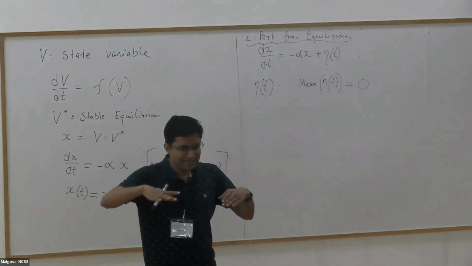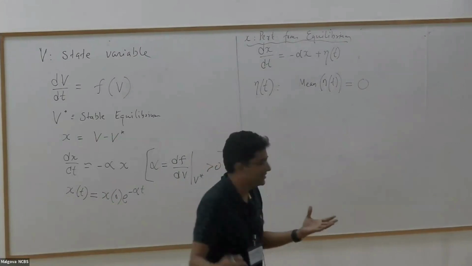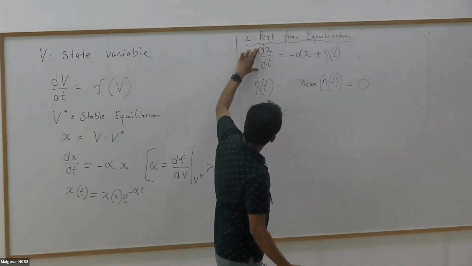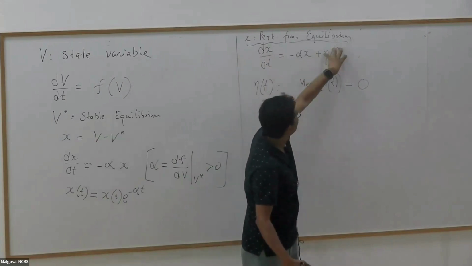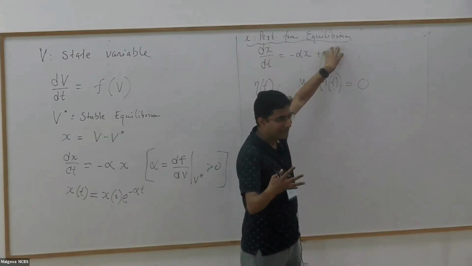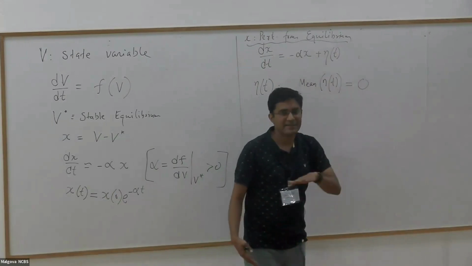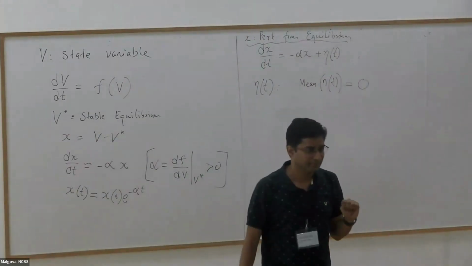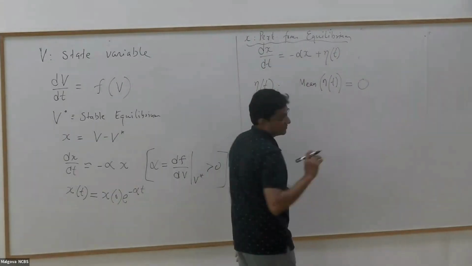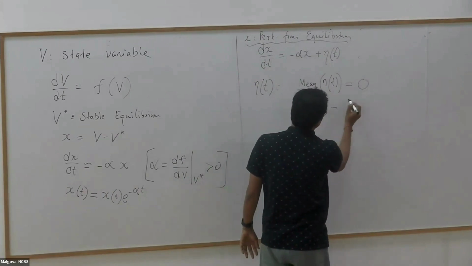So it's fluctuating in a way that it doesn't have any bias. The rate of change of the perturbations is influenced by this time dependent crazy thing, but this crazy thing doesn't have any bias. It's basically the average is 0. That's the first assumption we make. And the second assumption is that it's basically a Gaussian distribution.